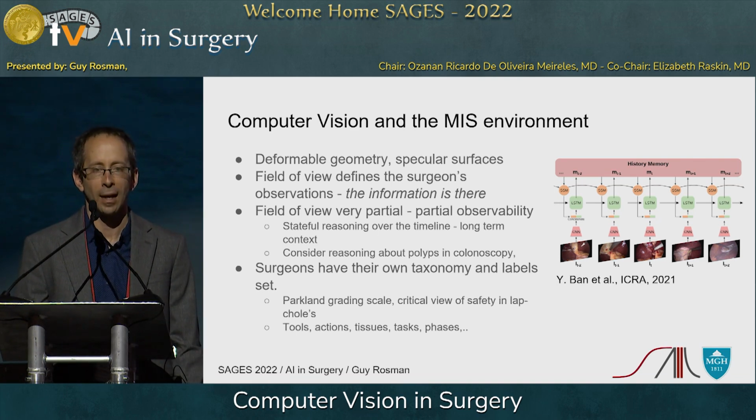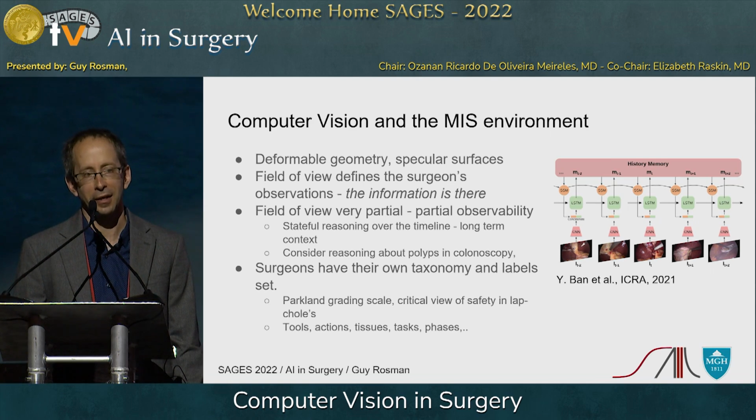But the other thing is that we have a very specific field of view. That field of view is partial. It requires us to reason about the whole surgery, have a state, and understand what already transpired. But on the other hand, this is what the surgeon sees when they take actions. So the information, in a sense, is there.